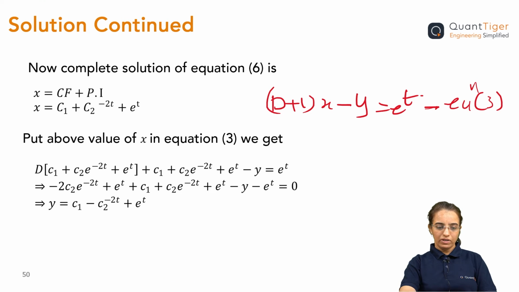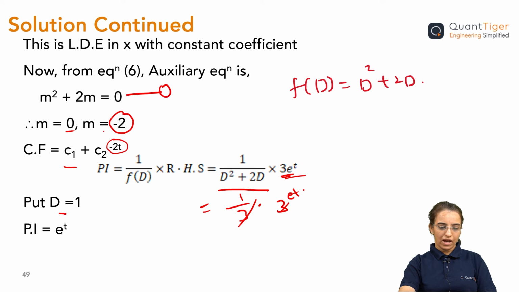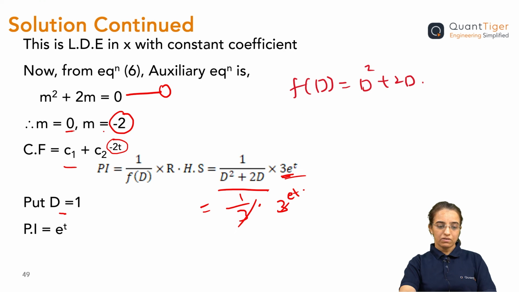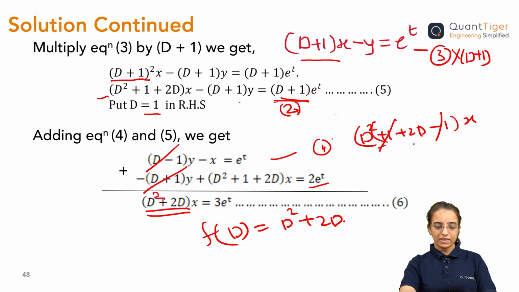So, x is equal to the CF value that had come here I have put there, and the PI value whatever I received I have kept over here. This is the value of x, received by simultaneously solving these two equations.